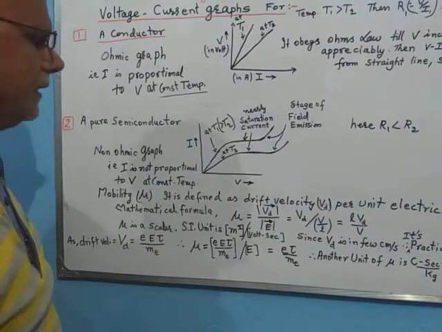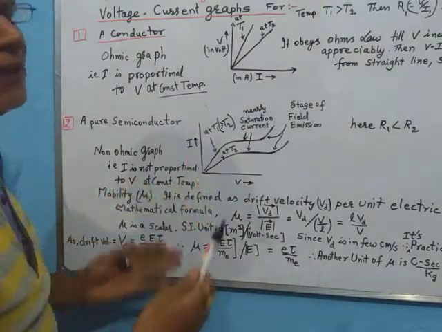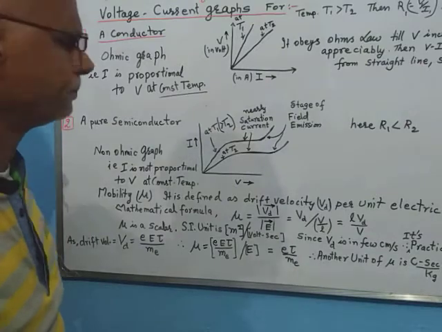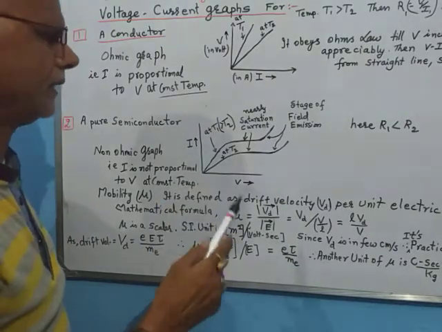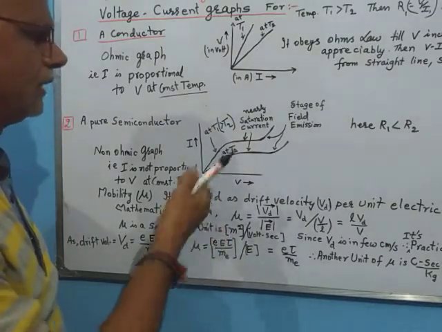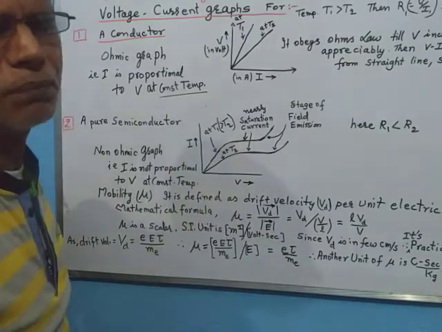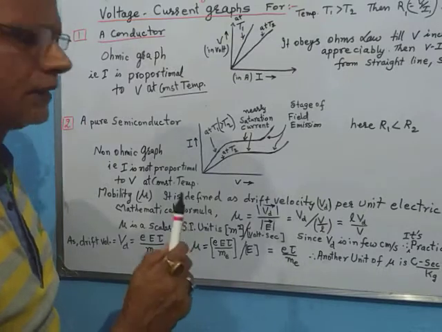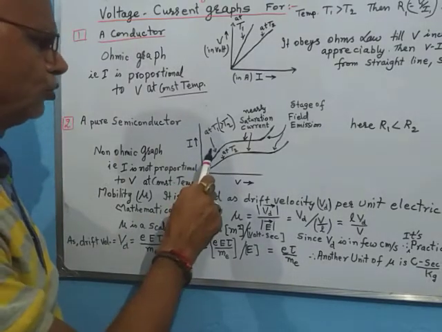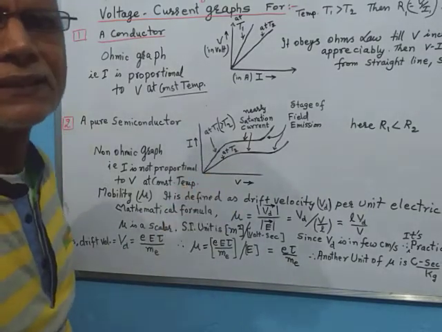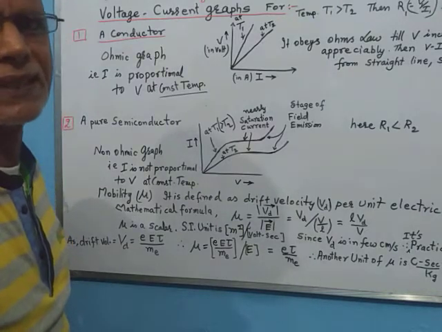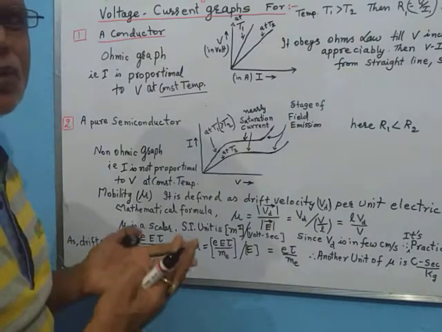The reason behind this is that whatever free electrons were available in the semiconductor are now being utilized for the flow of current. So a further increase in potential difference applied across the semiconductor does not increase the magnitude of electric current, because the charge carriers are not available there.